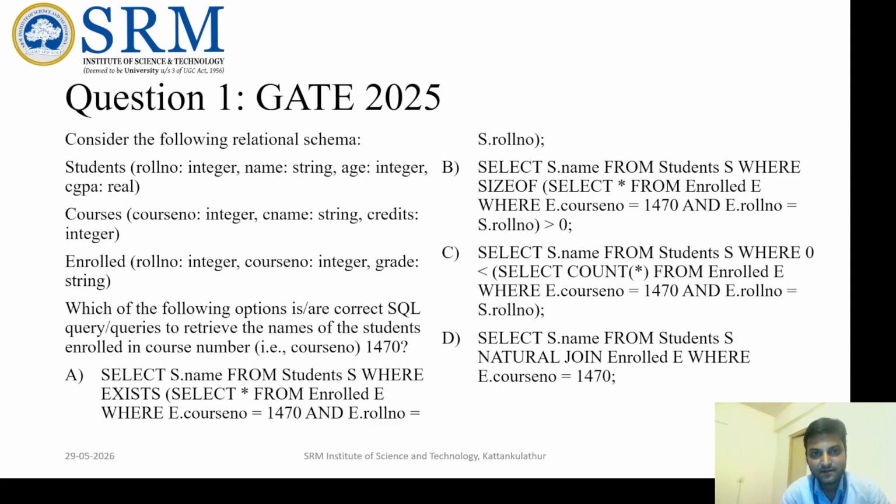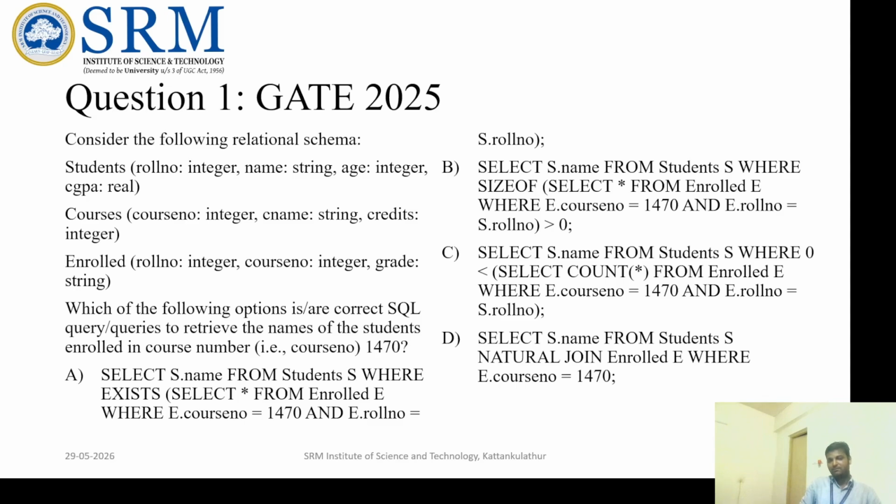Consider the following relational schema. There are three entities. Student: roll number, the data type is integer, name, age, and CGPA. Course: course number, course name, credits.